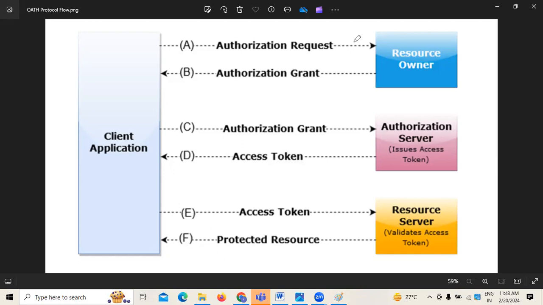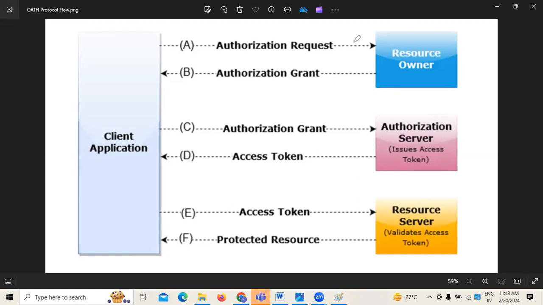The first one is the resource owner, who, as I told you, will authorize the request and grant the authorization. Once the authorization grant is received by the client application, the authorization server has to issue tokens, making sure valid credentials are given.